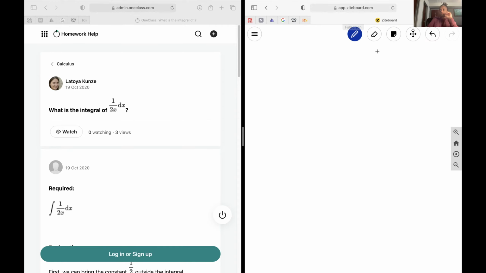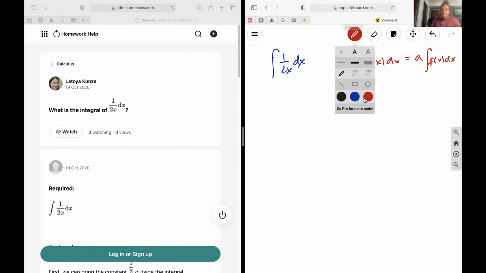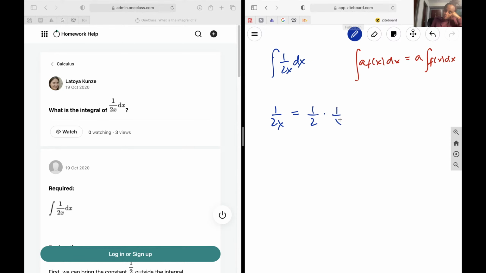Okay, next up, I have another integration. And I'm looking for the integral of 1 over 2x dx. So let's just need some integral properties. I know that the integral of a constant by some function of x dx is equal to the same thing as if I just pulled out that constant and did the integration of the function itself. And so here I can see that 1 over 2x is equal to 1 over 2 multiplied by 1 over x.